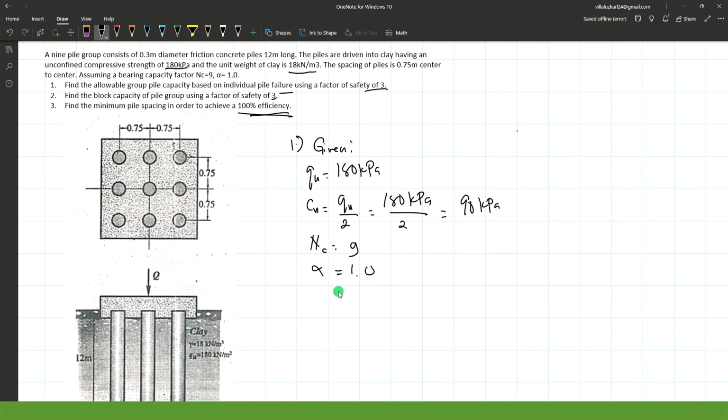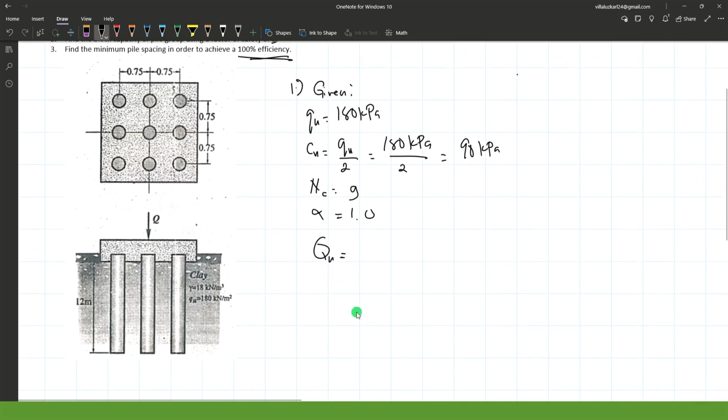Okay, for required number 1, based on individual pile failure, we are required to determine the allowable pile capacity of this group of piles.